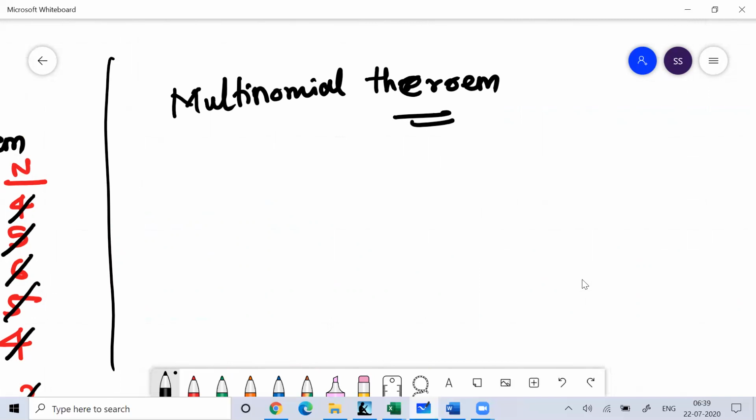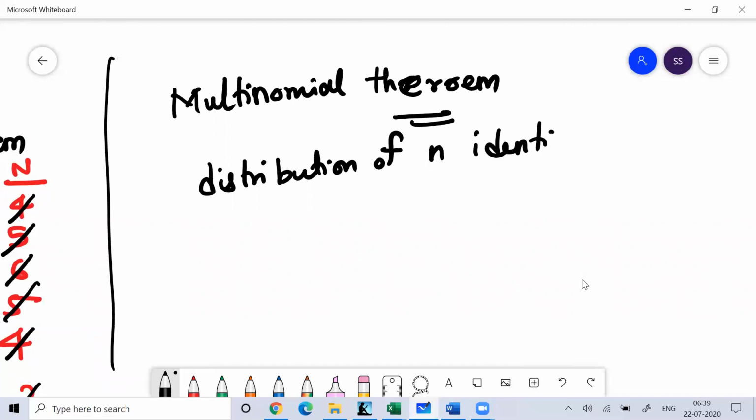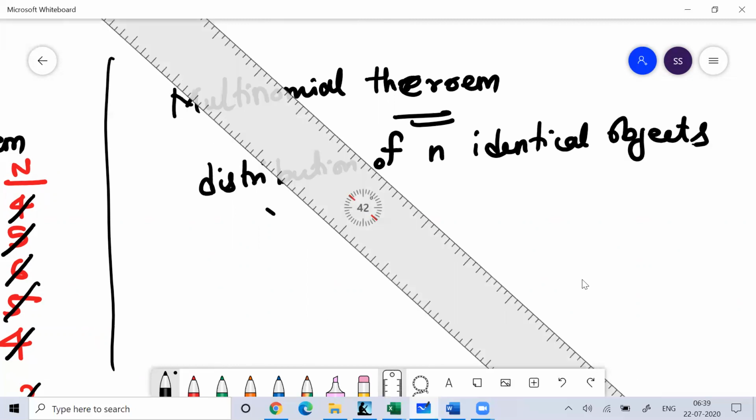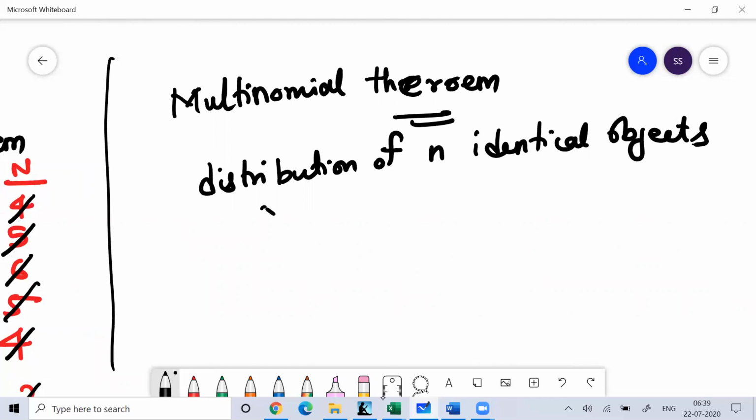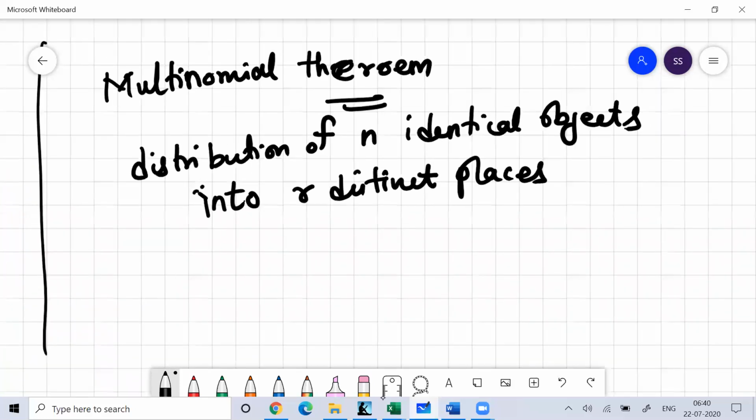If you remember, when I talked about distribution of n identical objects into r distinct places, I told you a formula for that.